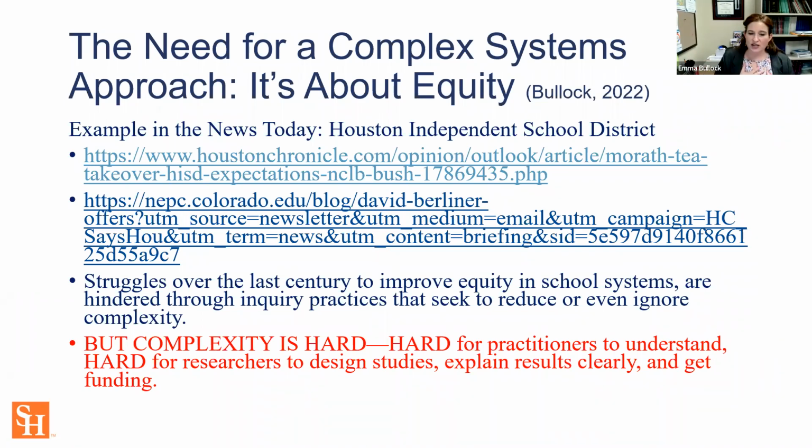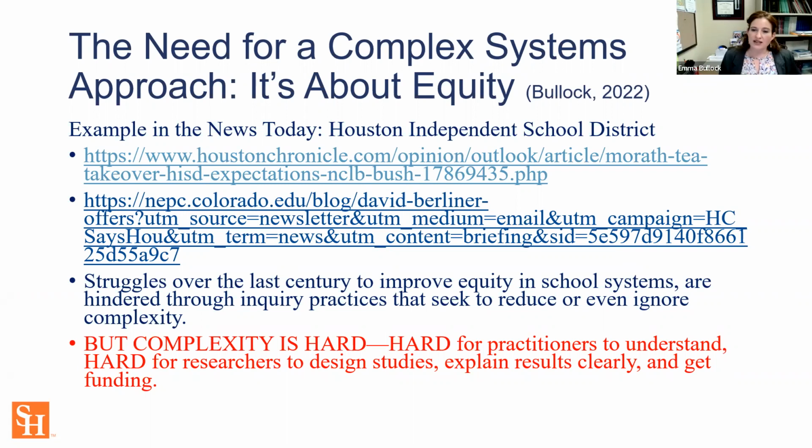It's not just hard for us researchers who are trying to design studies and explain our results clearly and get funding, but it's really hard for practitioners to wrap their heads around what sometimes we're trying to present to them, right?